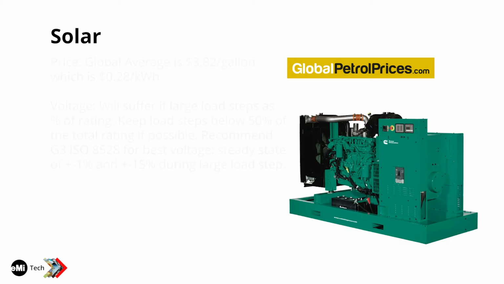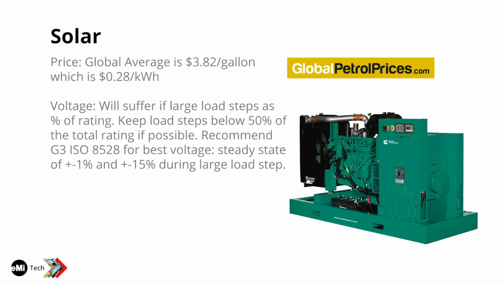The voltage on a generator will suffer if it has large load steps as a percent of the full rating of the generator. If it's possible, it's good to keep the load steps below 50% of that rating. And also to make sure that you buy a G3 ISO 8528 diesel generator if possible.